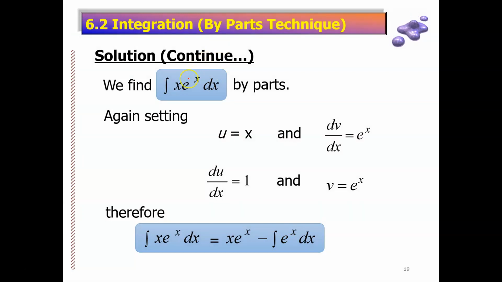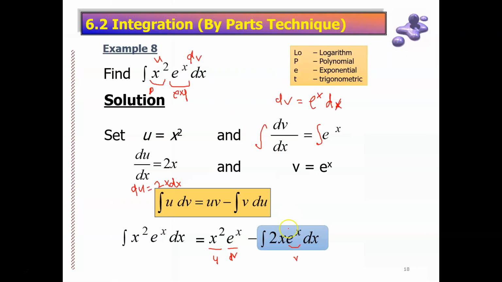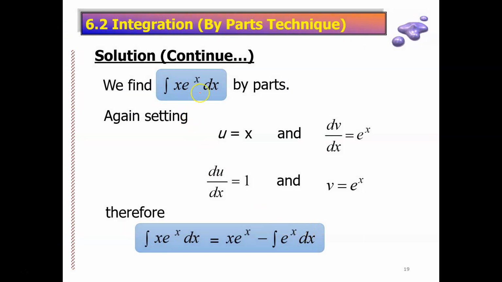We need to do the by part technique again for the second time, because we have 2x e^x dx. We have x is the polynomial and e^x is exponential. So for this part alone, you're going to do the by part again. So ini adalah polynomial, ini adalah exponential.